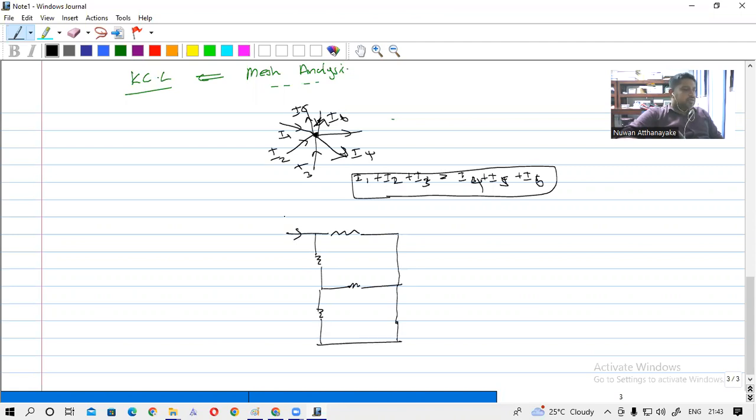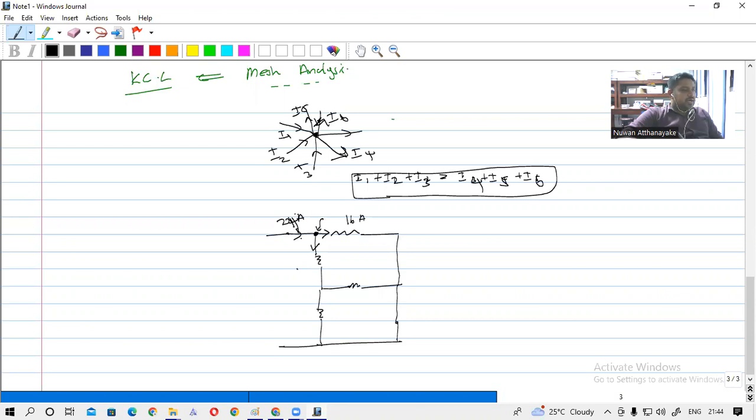Here, let's say that you have 24 ampere. Let's say that here it goes around 16 ampere, and here it will come. So here you can apply the KCL, Kirchhoff's current law.